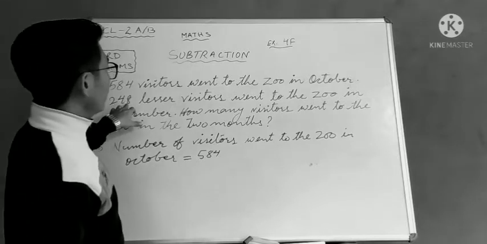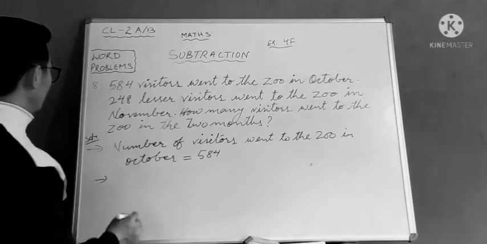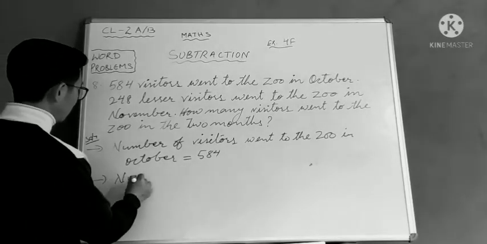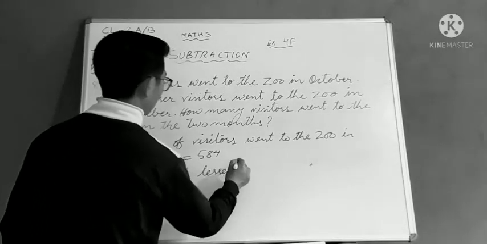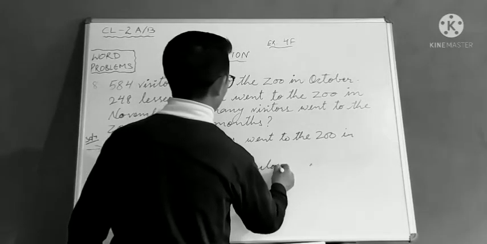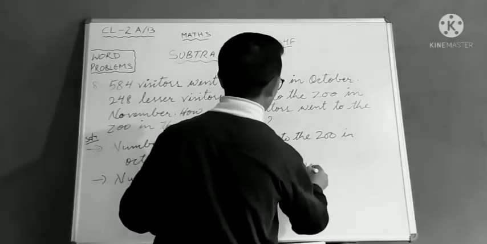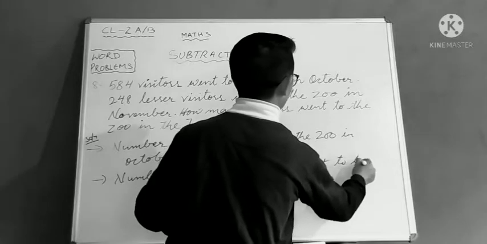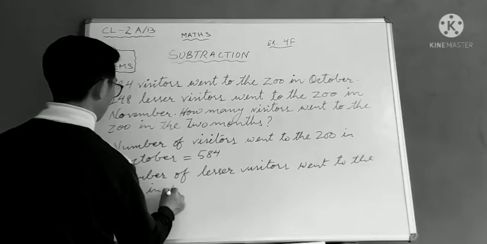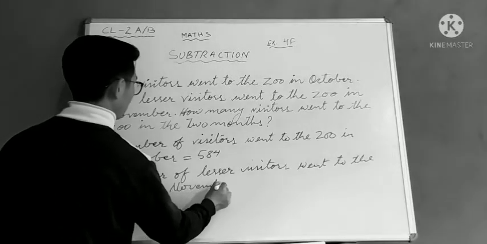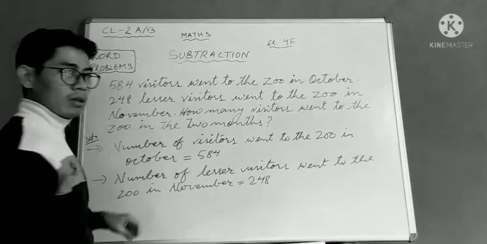Next, 248 lesser visitors went to the zoo in November. So here, number of lesser visitors went to the zoo in November equals to how many lesser number? 248 lesser number.